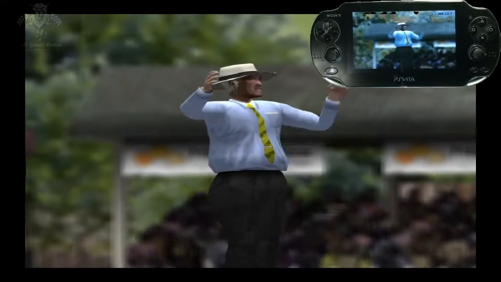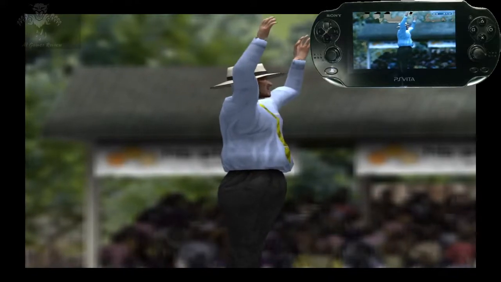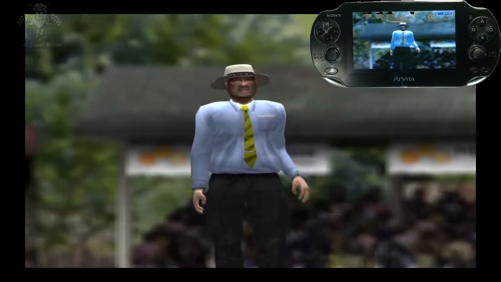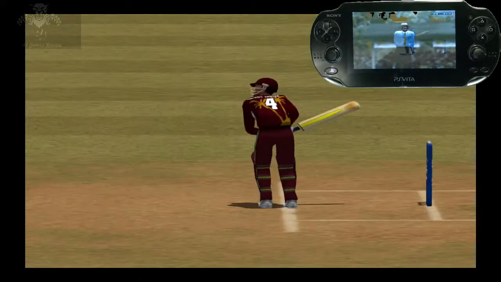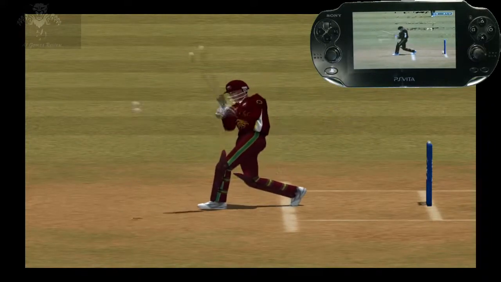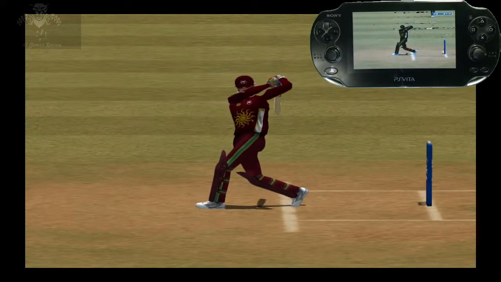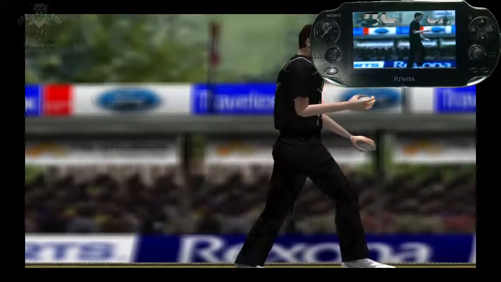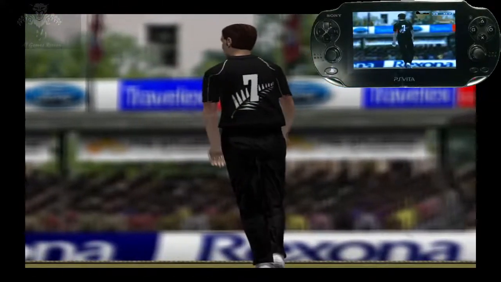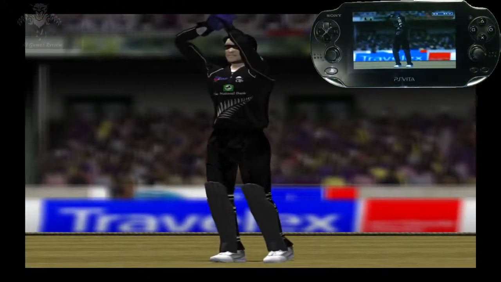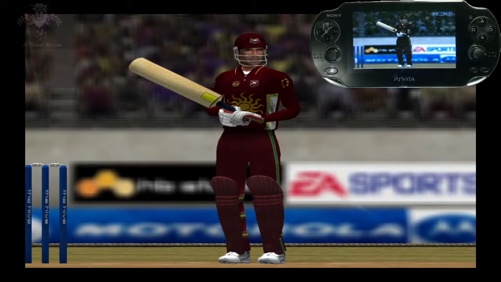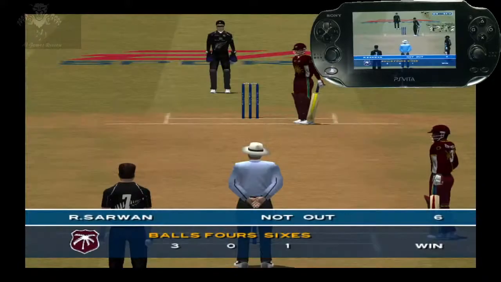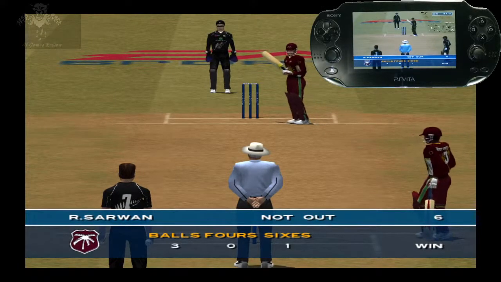Another one of those, and this bowler could be out of the attack. Forum to bowl to Sawan.